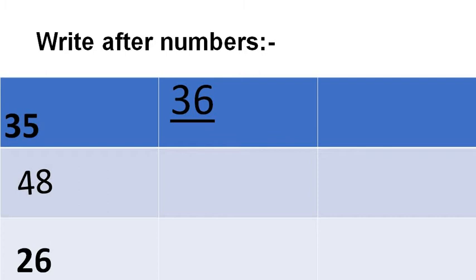And now which number will come? 49. After 26, which number will come? 21, 22, 23, 24, 25, 26 and 27. Have you observed? These all are called after numbers.